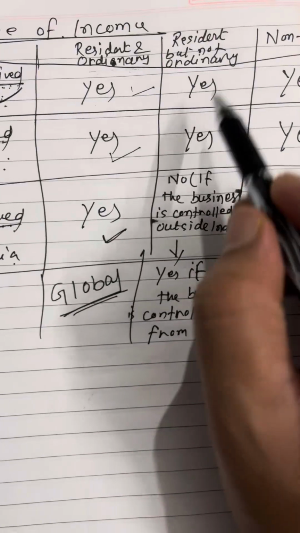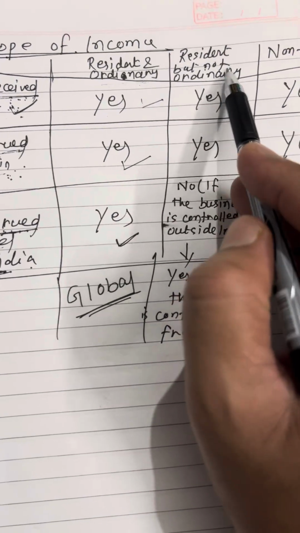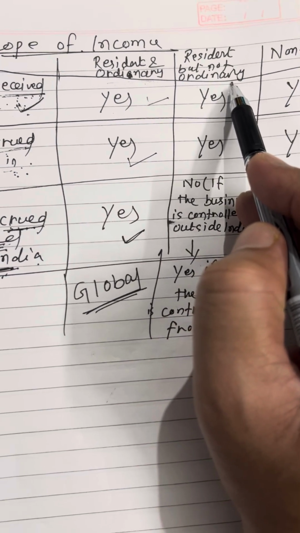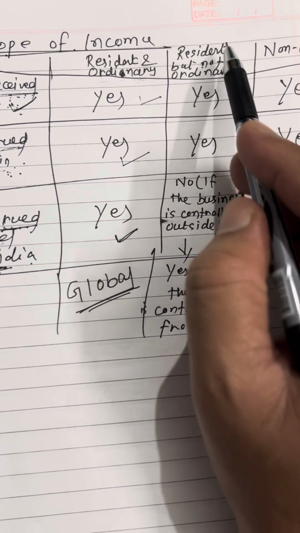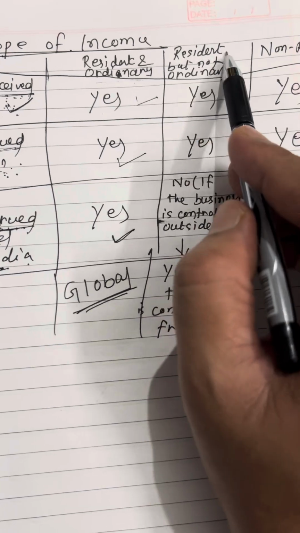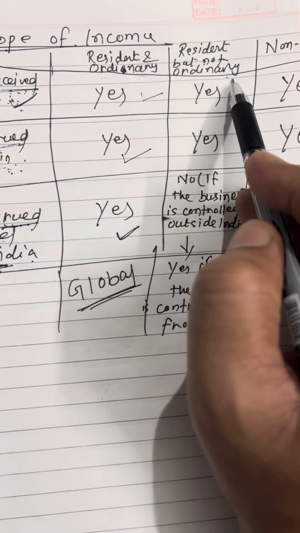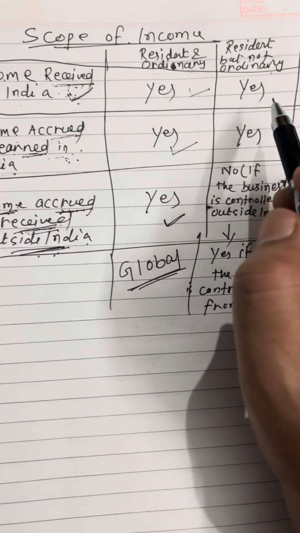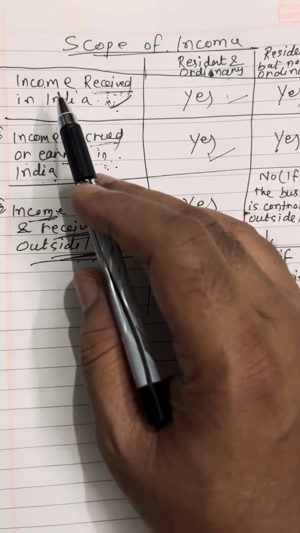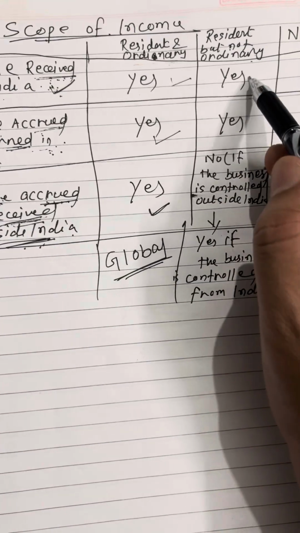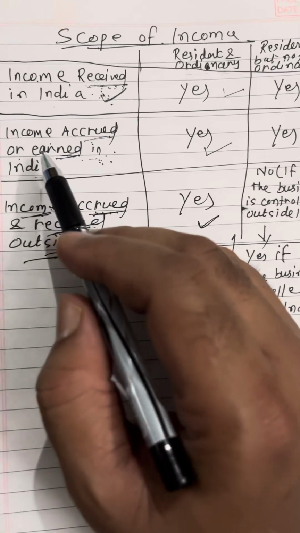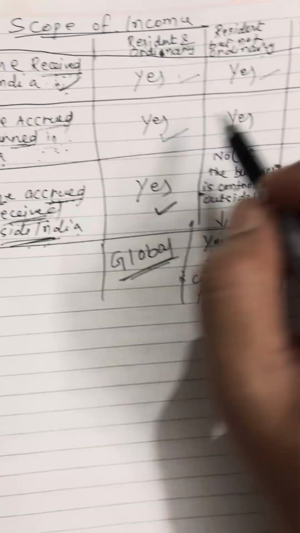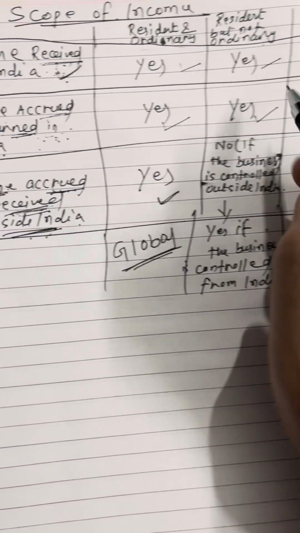Now, if you are resident but not ordinary resident in a particular previous year, then for that previous year, if any income you received in India, you have to pay tax in India. Any income earned in India, you have to pay tax in India.